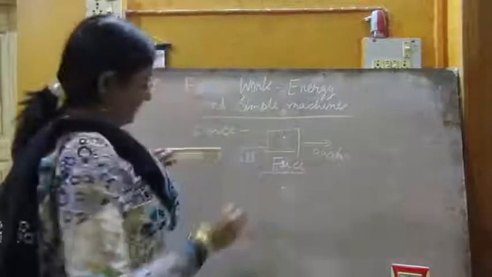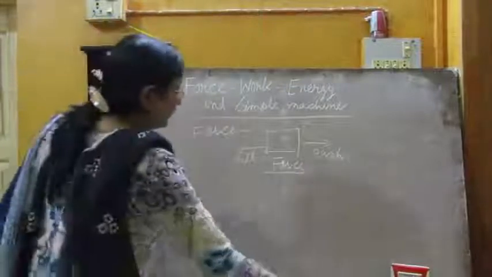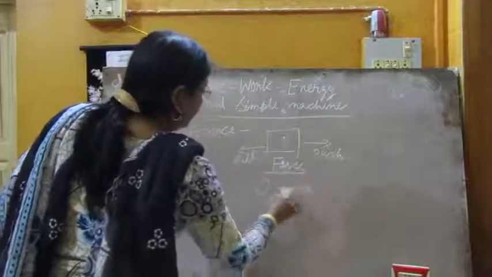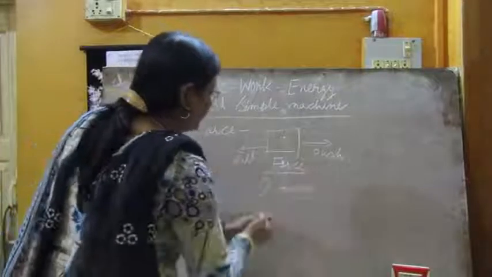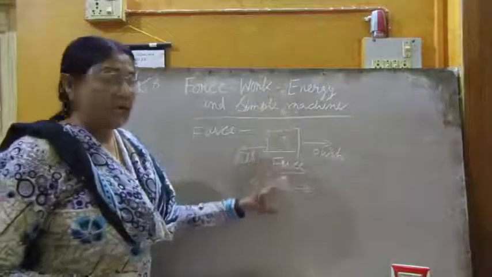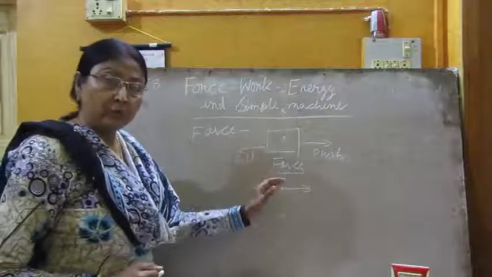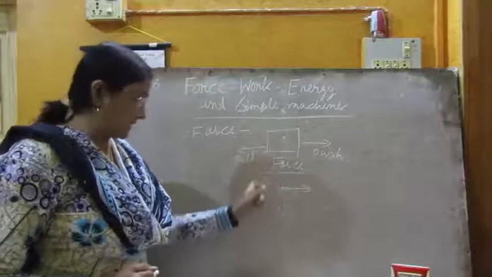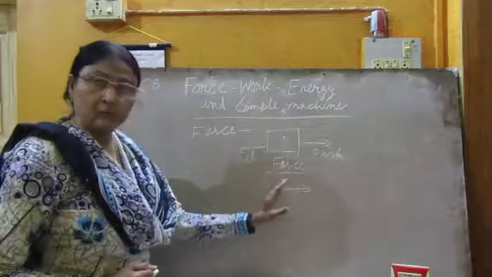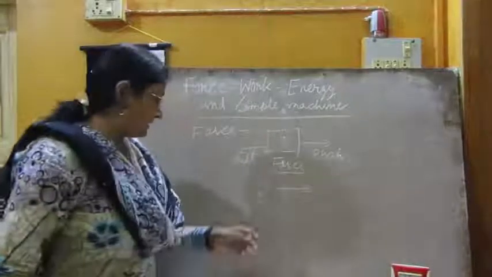And force can change motion. Suppose this object is moving, or a ball, if somebody is throwing a ball and I catch it, by applying force I can stop the ball. That means I can stop a moving object by applying force. So force can change the motion of a moving object. Next, force can move a stationary object.